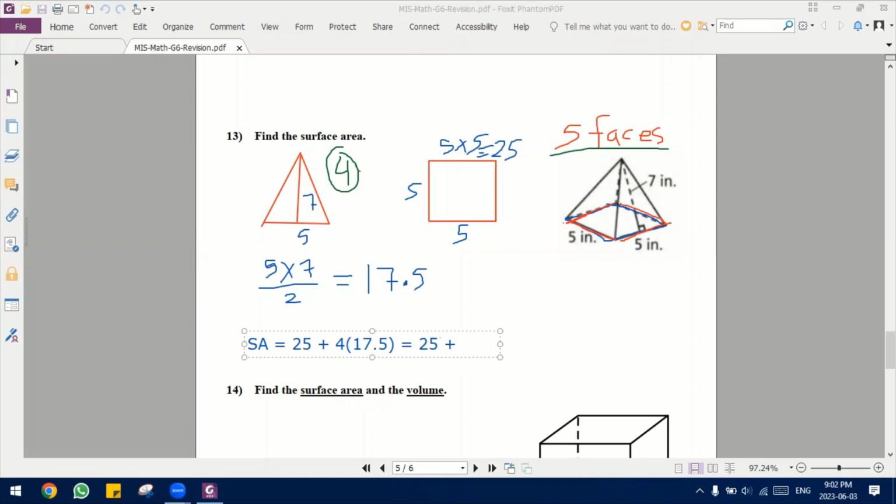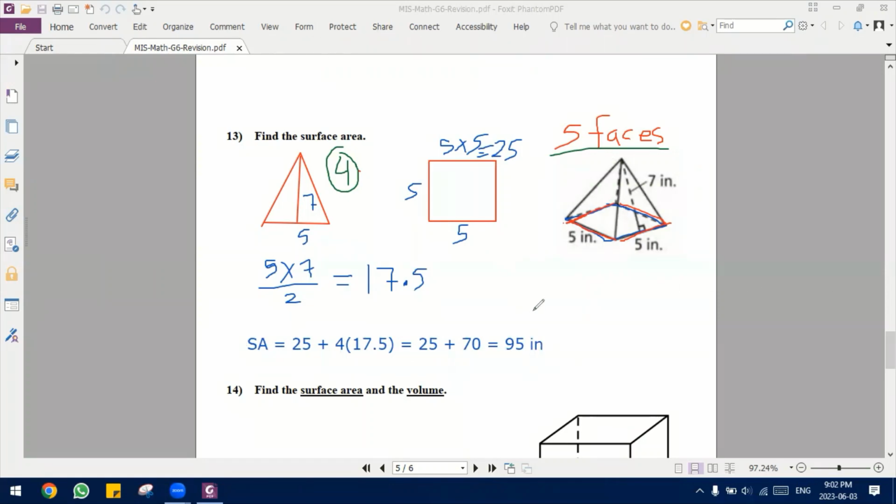So 17.5 times 2 is 35. 35 plus 35 is 70. So 70 and 25 will give me 95 square inches.